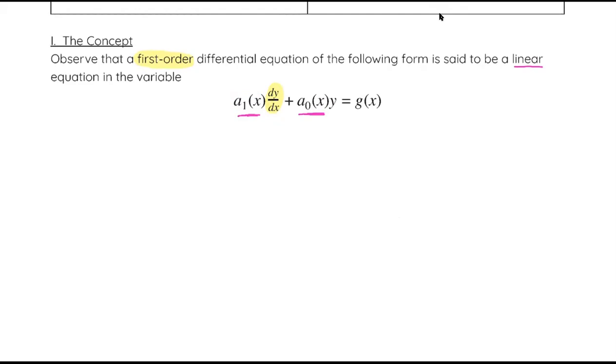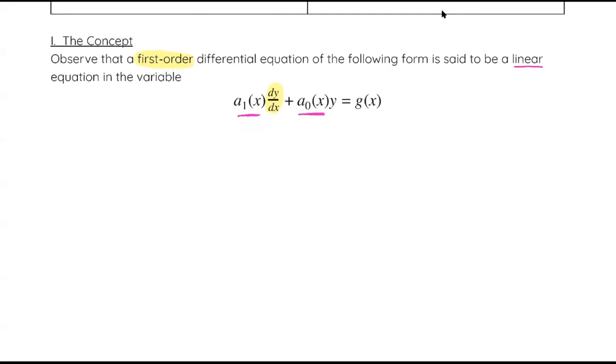How could I get rid of this a sub 1 of x? Yeah, we could divide everything by that a sub 1 of x, right? No matter what that function is, if we divide by it, then that initial coefficient will be 1.